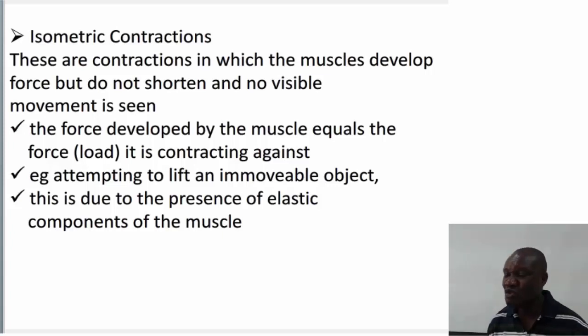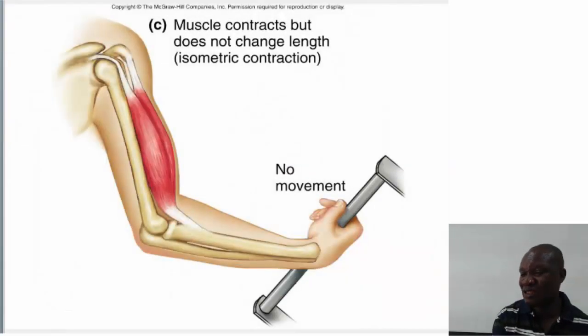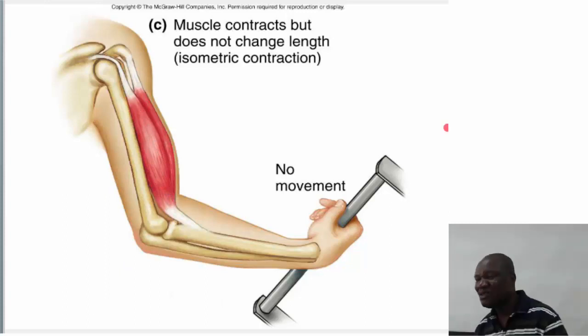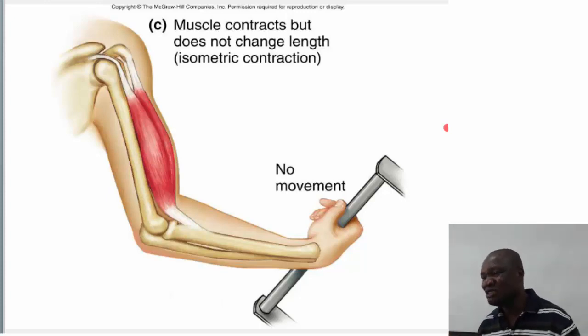If you try to move an unmovable object, then you are using isometric contraction. Right? So there is no movement. Even though the muscle is contracting, it remains at the same length and exhibits no movement. Even though tension is developed, the muscle does not shorten.